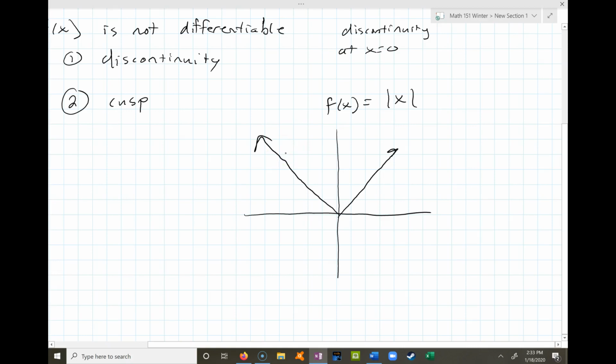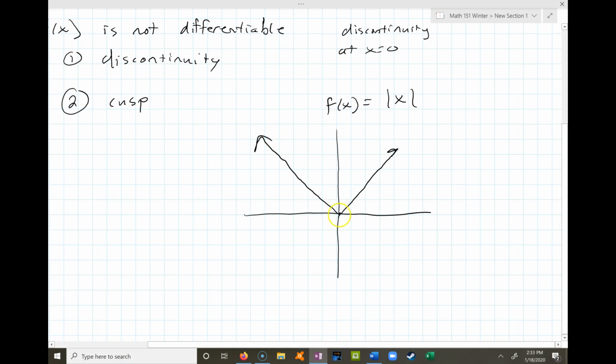If I ask you to find the derivative of this graph, we don't need any fancy formulas, because remember, derivative is just rate of change, aka slope. In this case, the slope is constant. So the derivative over on this side is 1, and the derivative over on this side is -1.